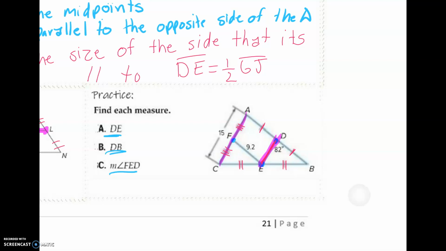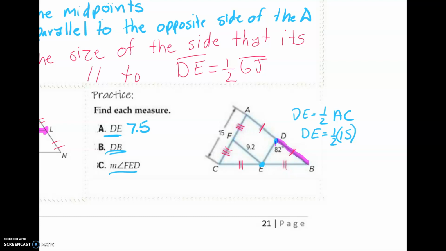Well, we know that DE is half the size of AC. So we're going to take 15, because that's AC, and multiply it by half. So DE is going to be 7.5. Easy enough.